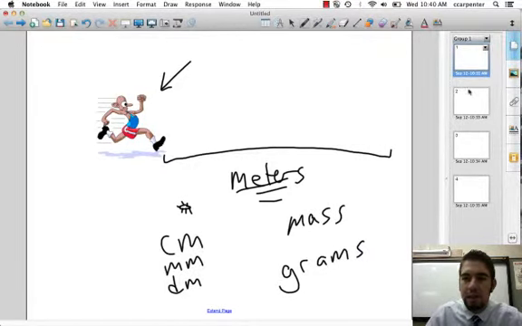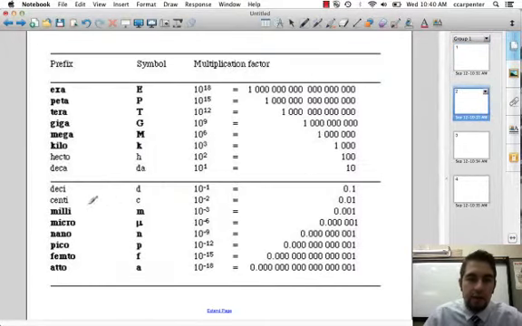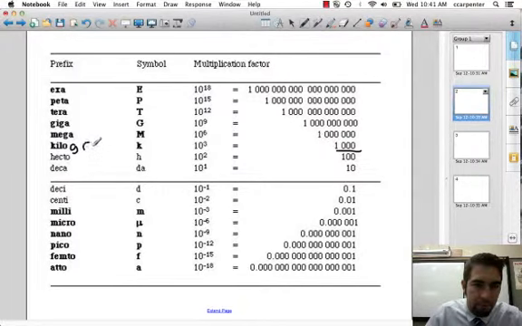A gram is not that heavy, but a kilogram is equivalent to 1,000 grams. That's a lot of grams. So if I had 1,000 grams, I would have 1 kilogram. You just tack on the prefix, which comes before the word, so that you could actually use the unit. Alright, so you get the idea.